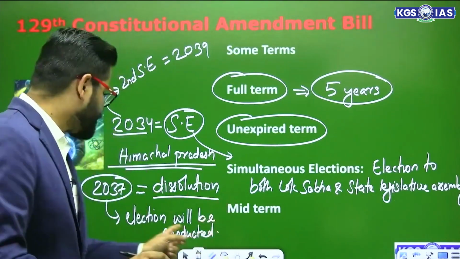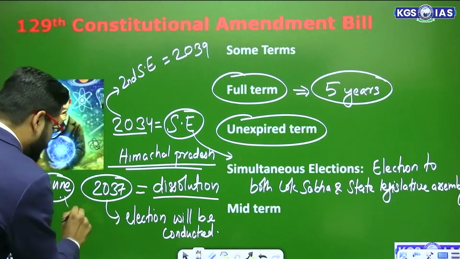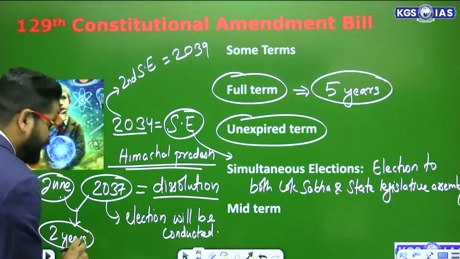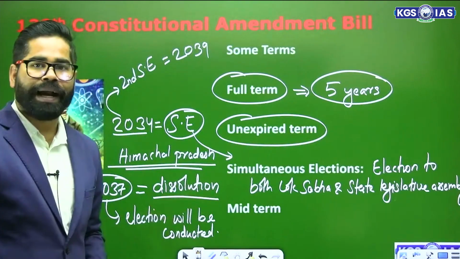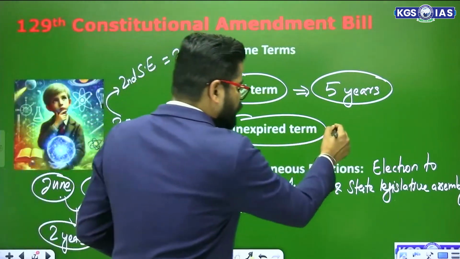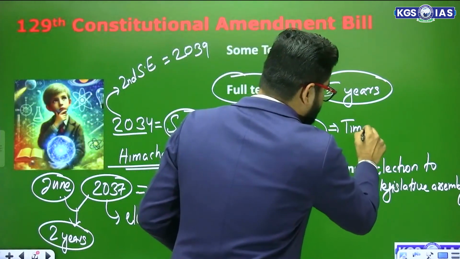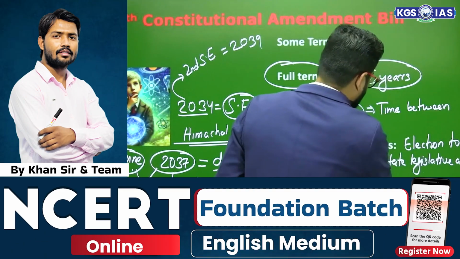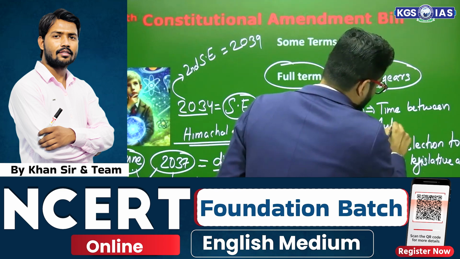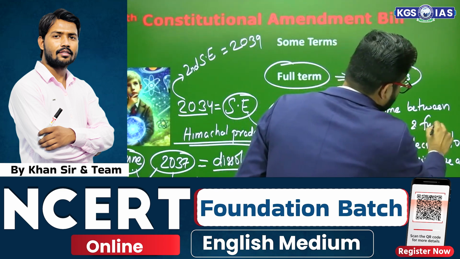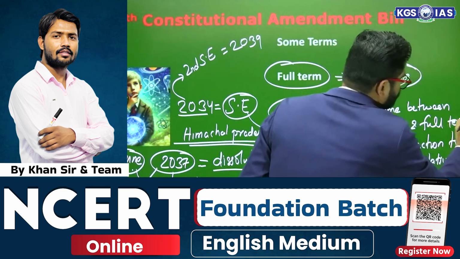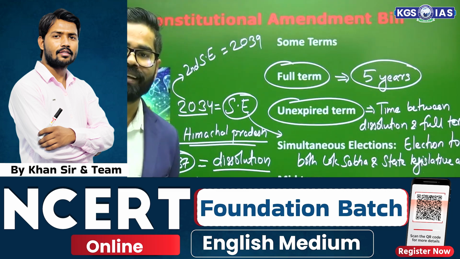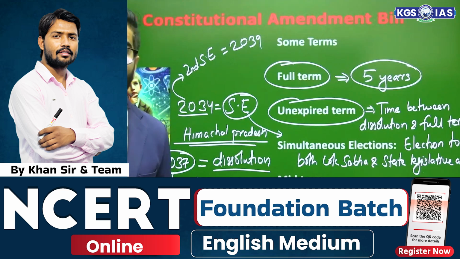This remaining 2 years which are pending has been called the unexpired term. So the time between dissolution and full term has been called the unexpired term.